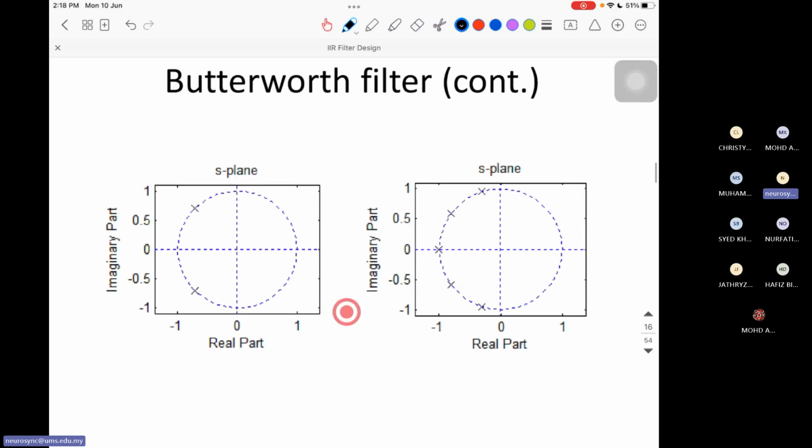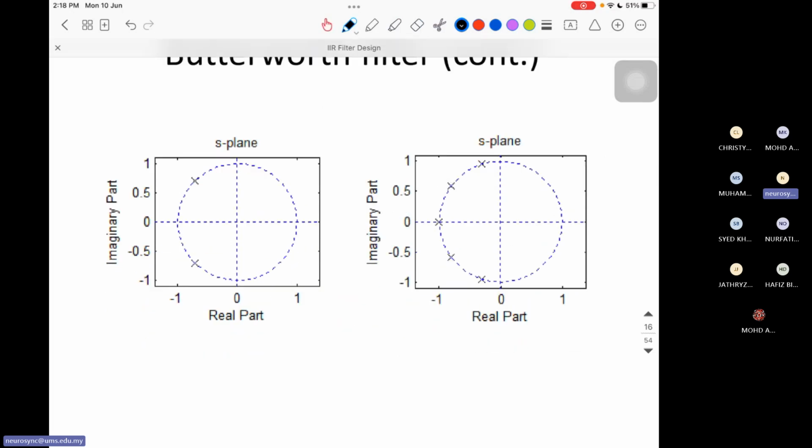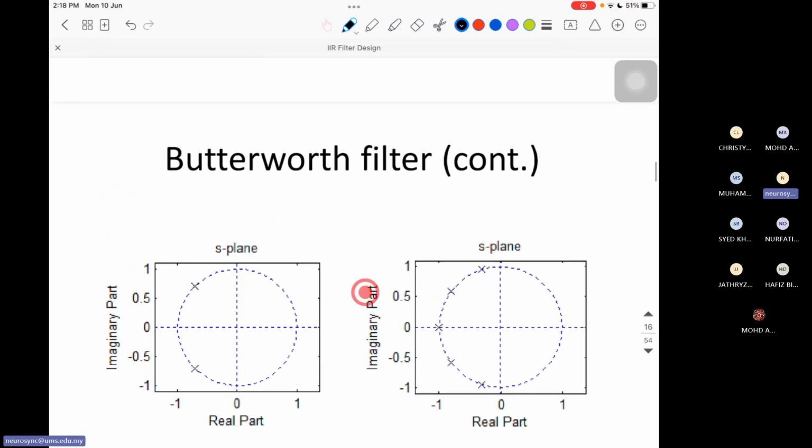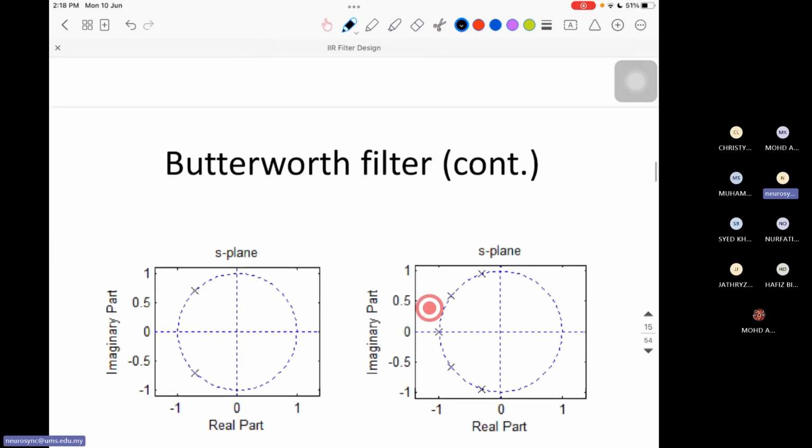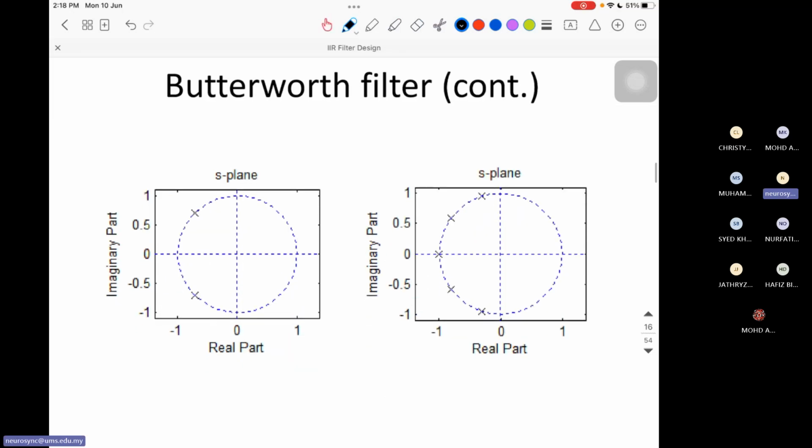Now here there are two figures. Here the cutoff frequency Ωc is equal to 1, and you can see the location of the poles. If the order is 2, then we get 2 poles, which are complex conjugate poles.